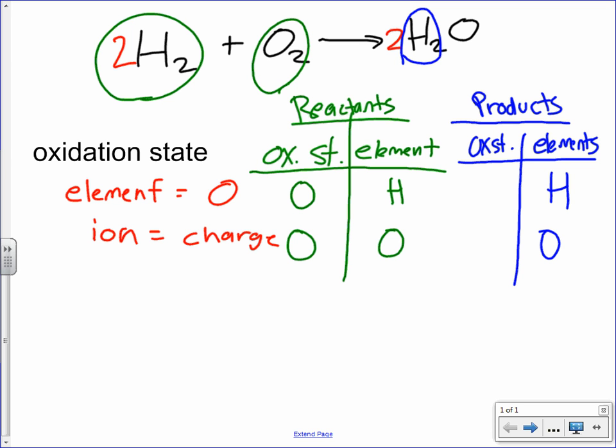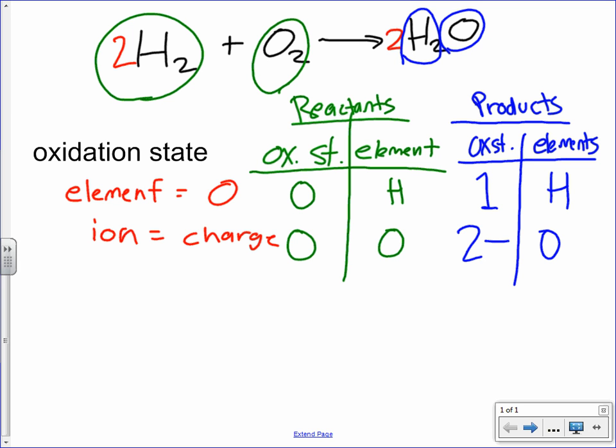Okay, in this case, the charge of each hydrogen atom is going to be 1. So we say it has an oxidation state of 1. Okay, now this oxygen, also an ion, has an oxidation state of -2, since when oxygen forms an ion here, it's got a 2- charge.